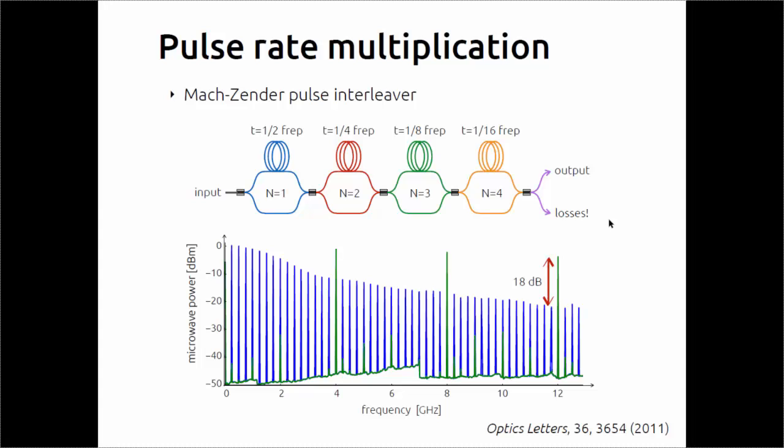This allows us to increase the power at the harmonics of the repetition rate that are important for our application. One thing to point out is that doing this with common fiber optics introduces inevitable losses in the components, but also a 3 dB loss that is inherent in having a splitter.